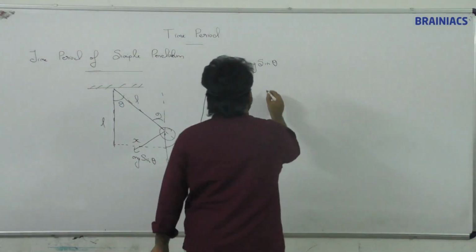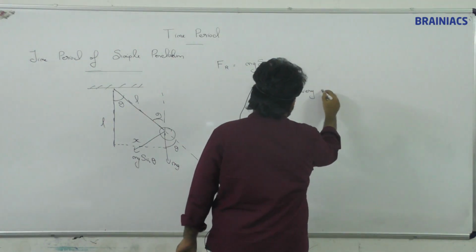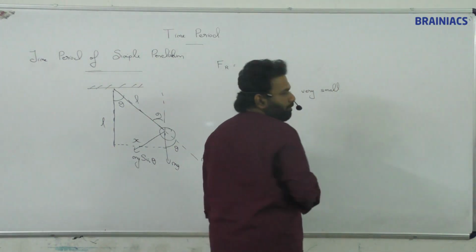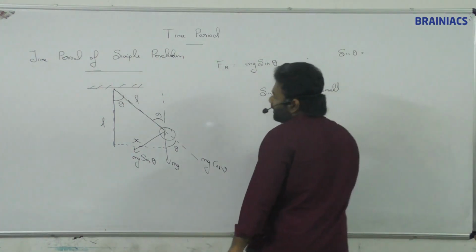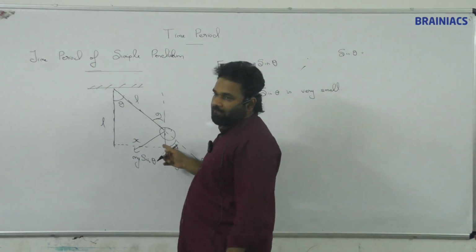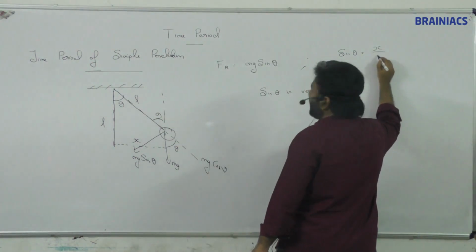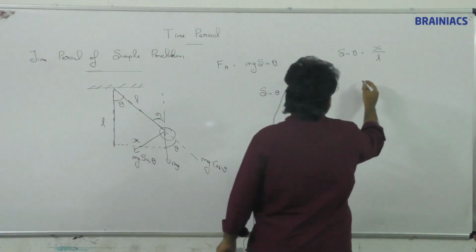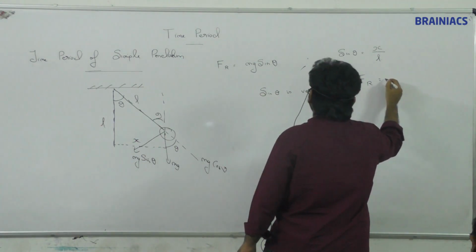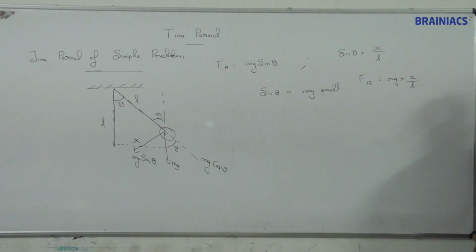So here sin theta is very small. And we can say sin theta is equal to, suppose we consider this displacement as x, then by hypotenuse we can write this as x by L. So here restoring force is going to be mg into x by L. Can we put a negative also there?